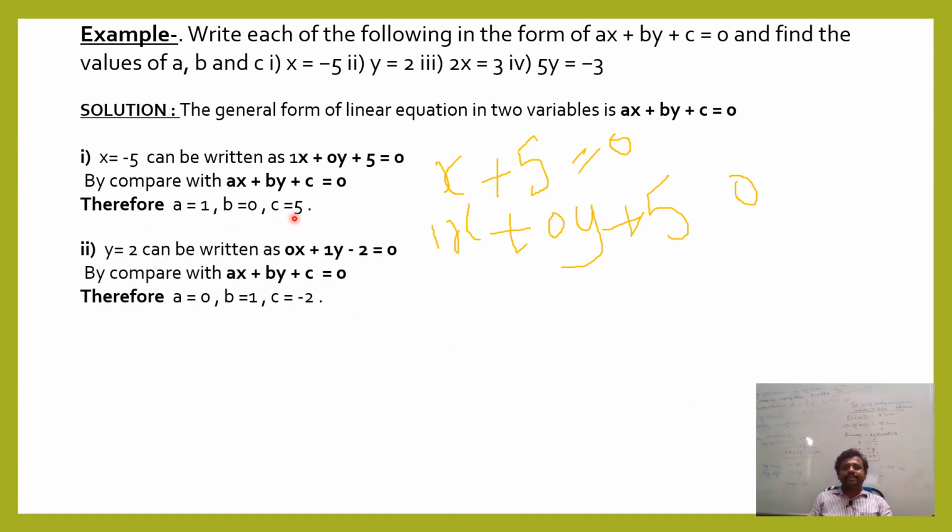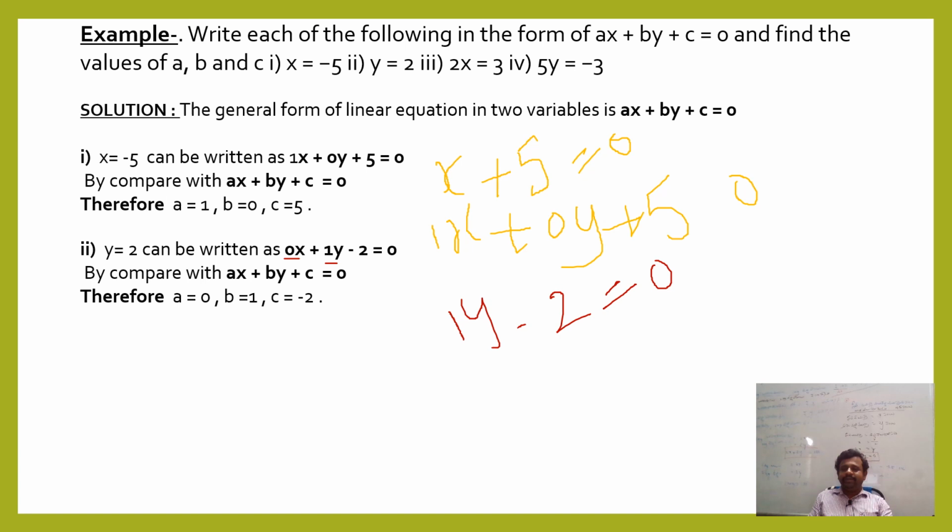We can move to the second example. y is equal to 2. Then we can write y minus 2 is equal to 0. Students, there is no x term, so we can write this as 0x, and the y coefficient is 1. 0x plus 1y minus 2 is equal to 0.